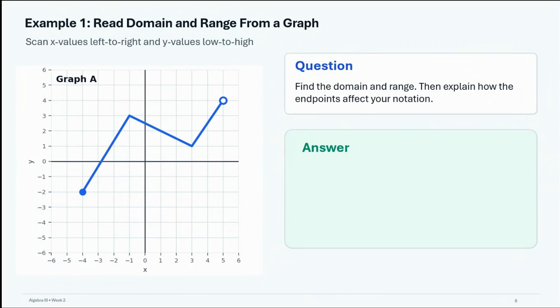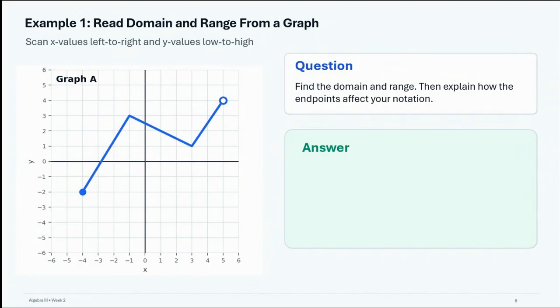So we can certainly see that -4 is the smallest x. There's nothing to the left of that, and there's nothing to the right of 5. This is a solid circle, which means it does include -4. This is a hollow circle, which means it does not include the 5, but it does include 4.9999999. All right, it includes everything except 5 up to that level.